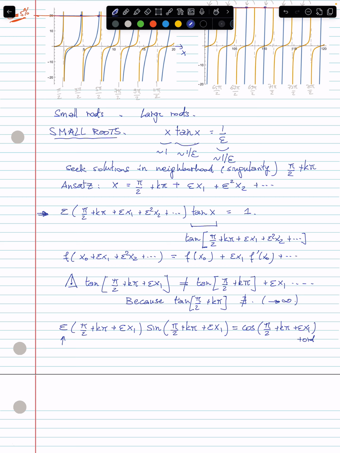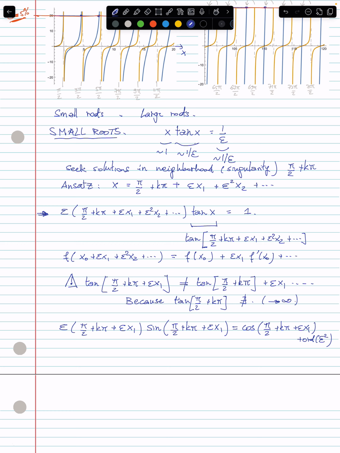And we have extra terms of order epsilon squared that have been dropped. All right, and you see that this is not a problematic equation any longer, because we don't have to expand anything in the neighborhood of a singularity.